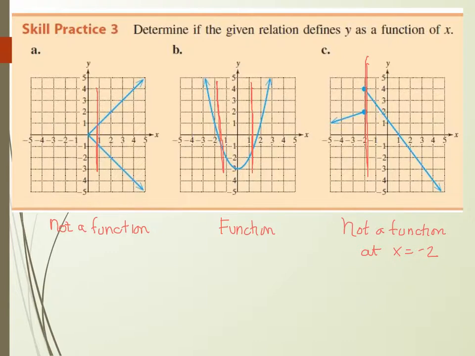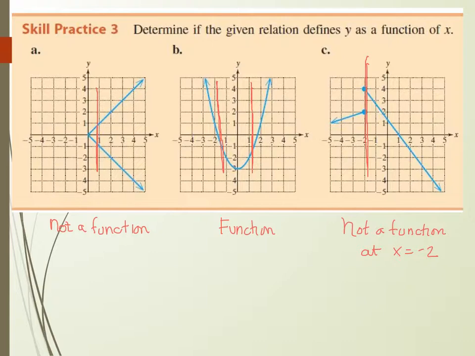So in our practice 3, we determine if the relation defines y as a function of x. So again, we draw the line test, and we see that for part A, we do not have a function because for x equals 1, we get y is equal to 1 or y is equal to negative 1.